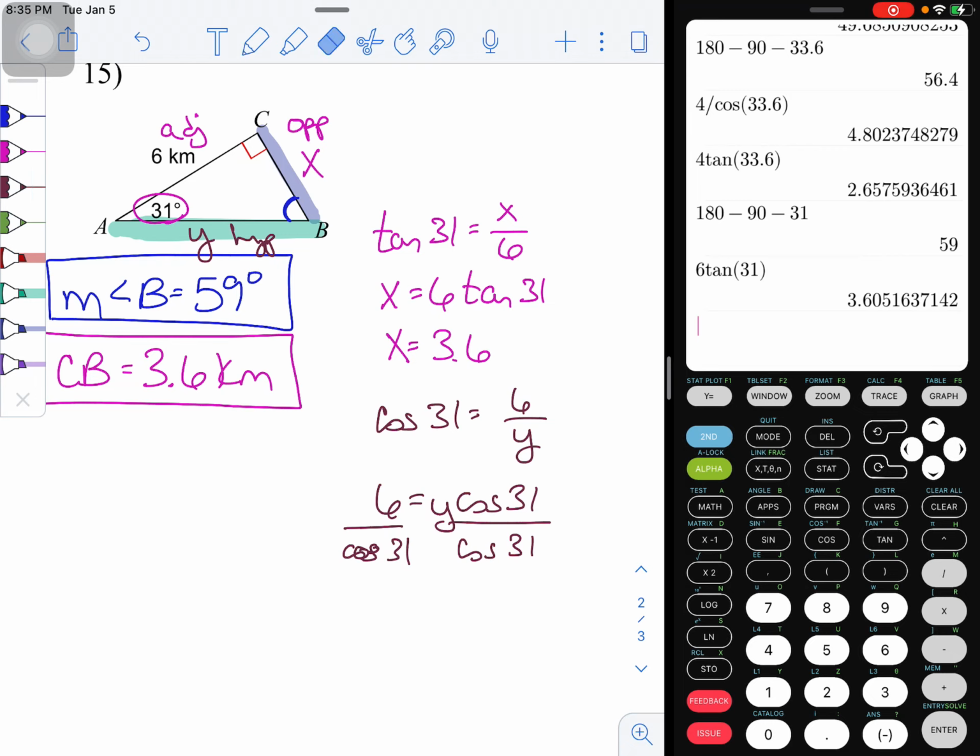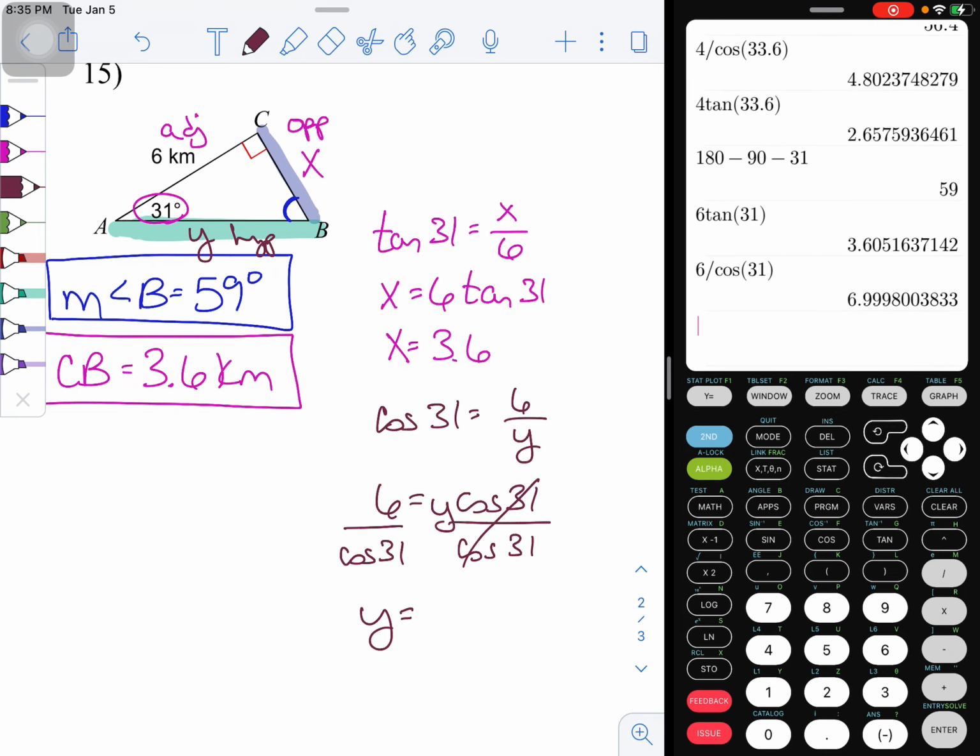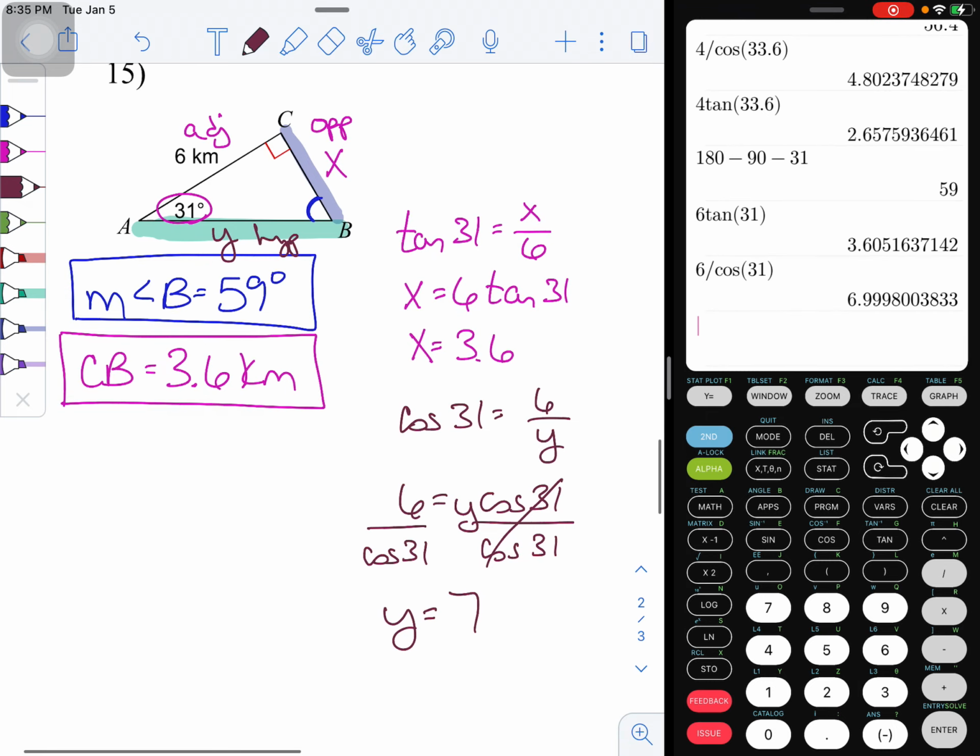There we go. That's just awful looking. Let me try that again. All right. Cosine 31. Get all the letters in the right order there. All right. So y is equal to, do my division on my calculator, which basically means calculate 84 here. All those 9s are going to round up to just a 7 even. So the length of AB is equal to 7 kilometers.